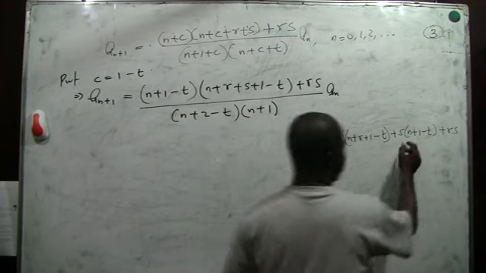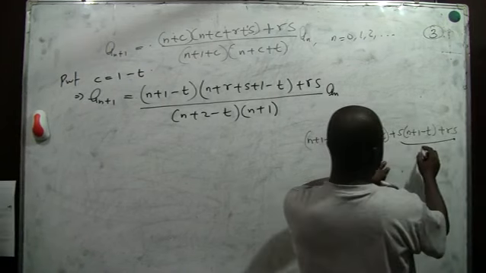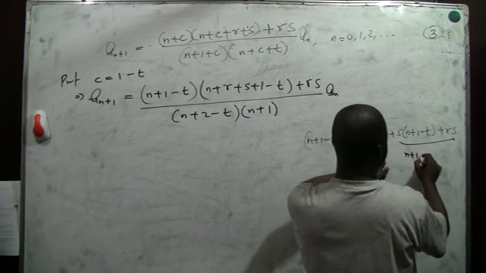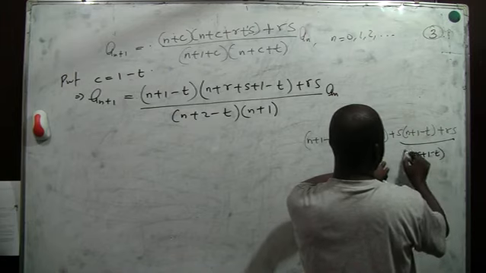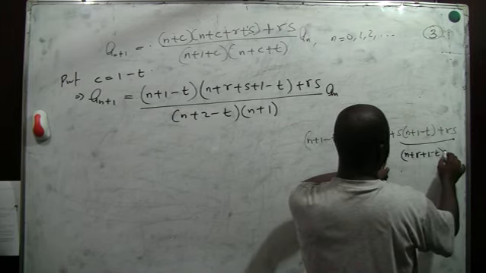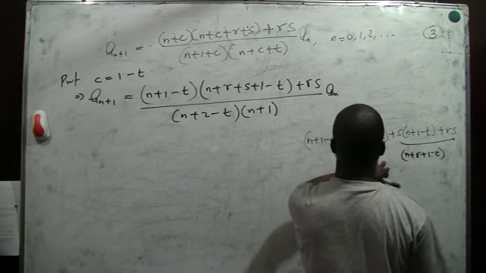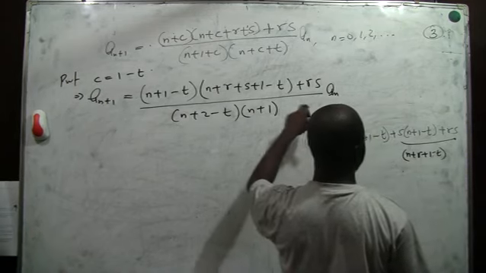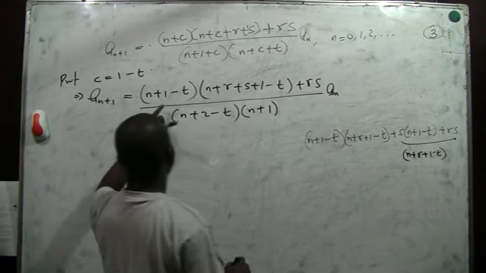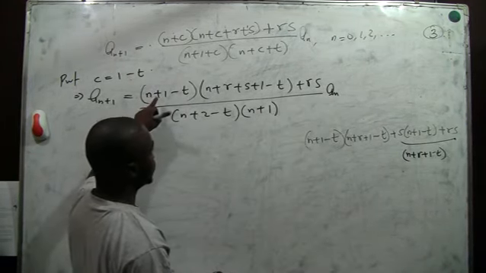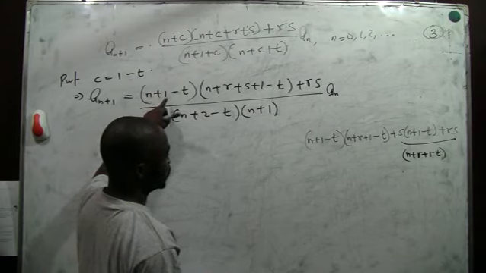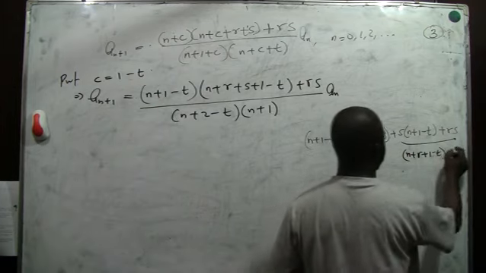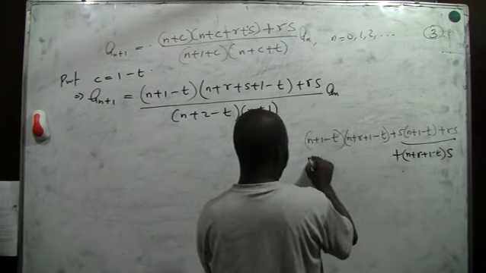So s is common here, and that gives n plus r plus 1 minus t into s plus n plus 1 minus t.